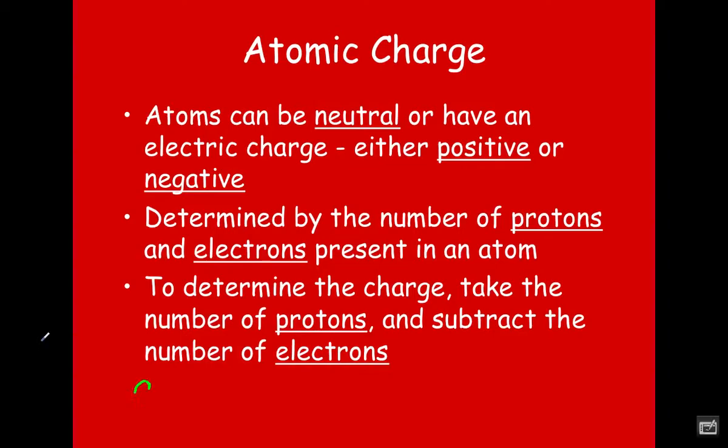So in other words, charge equals the number of protons minus the number of electrons. When you write the charge, you do have to indicate the positive or negative. It's not like math, where when you subtract two positive numbers you don't have to write the positive. You do have to write it when it's negative. In this case, you have to write it either way.